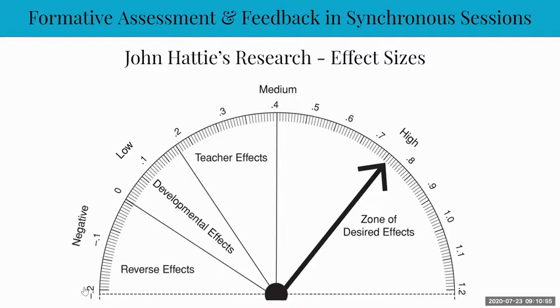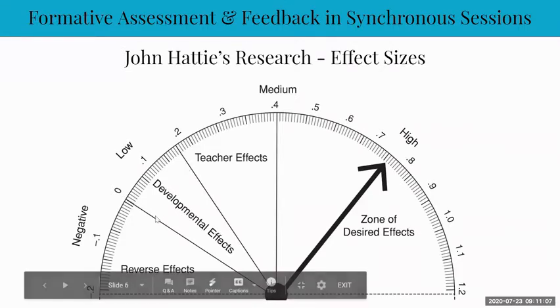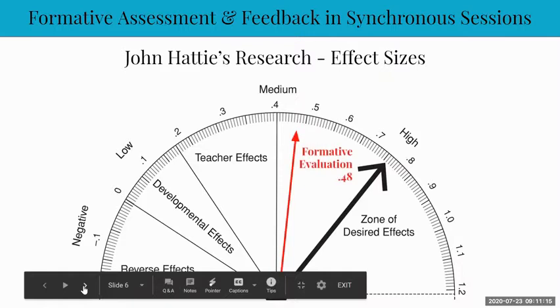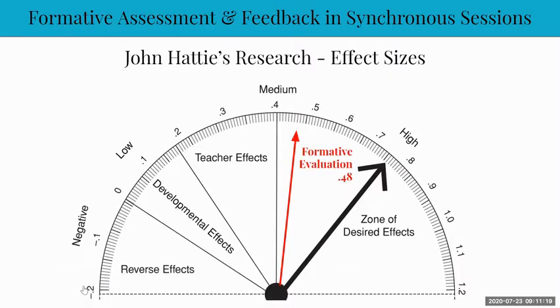And what Hattie says is that a 0.4 on his measurement scale means that 1 year's learning is happening in 1 year's time, and that anything above 0.4 accelerates learning. It's just good for learning when we use particular strategies. So when we look at formative assessment, one thing to have on our radar is that formative evaluation in and of itself increases the rate of learning.